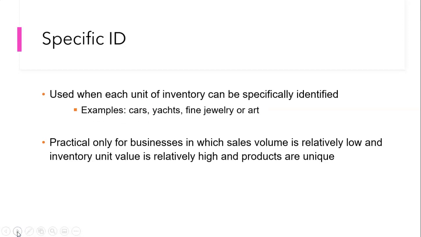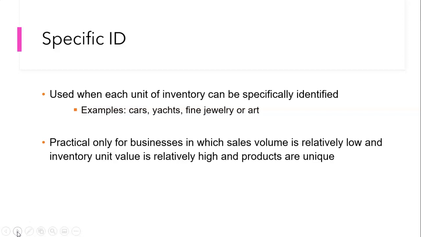We can use the specific identification method, however, in certain situations. If the inventory is very unique, the sales volume tends to be lower, and the unit value is relatively high, then these are situations that lend themselves to specific ID.